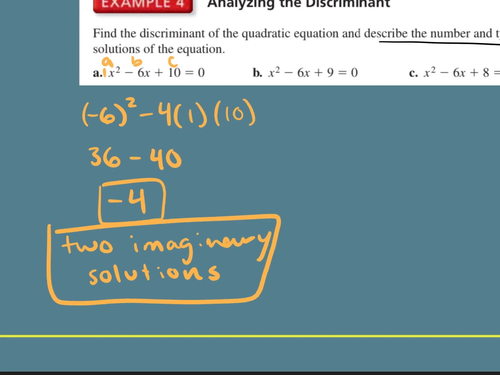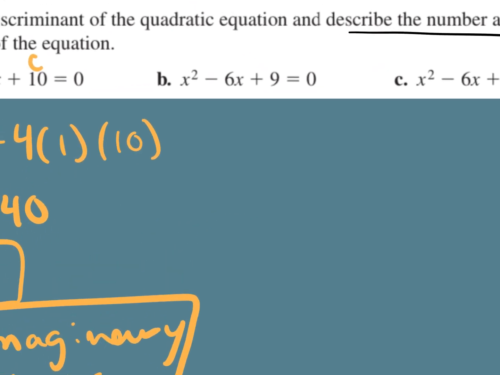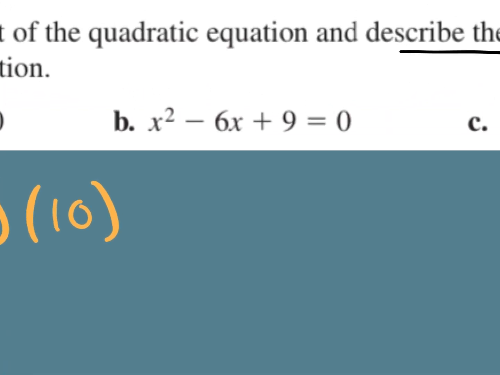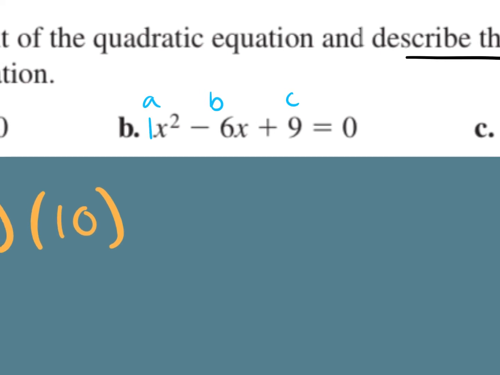All right, let's look at B. So what's my A? 1. What's my B? Negative 6. And what's my C? 9. So I'm going to plug that in. I have b squared, so that would be negative 6 squared minus 4 times a times c, so times 1 times 9.